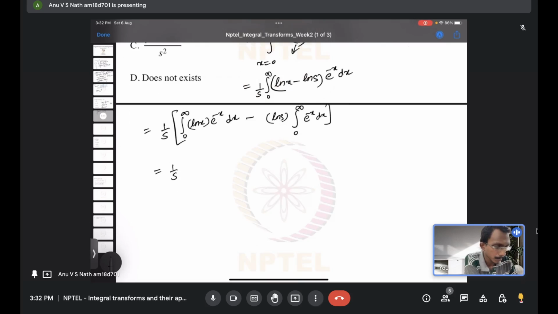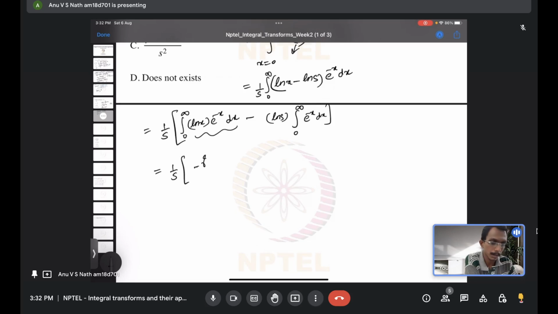So 1 by s: this first integral does not contain any term in s, so it's a constant, and for the moment I just say it's minus gamma. It's a well-defined integral with a constant value.